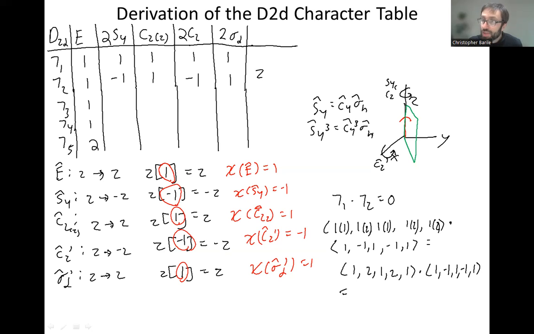The dot product is we multiply each component of each vector, 1 times 1, and then add them. 2 times negative 1, plus 1 times 1, plus 2 times negative 1, plus 1 times 1.